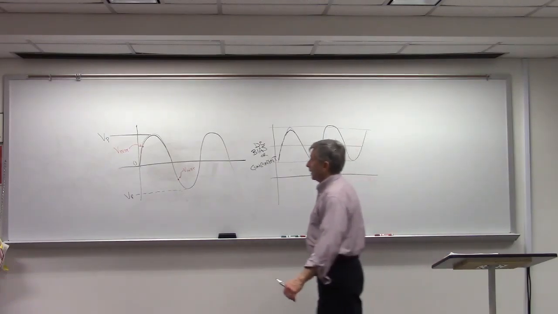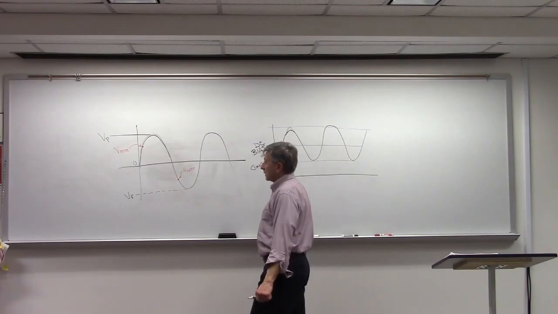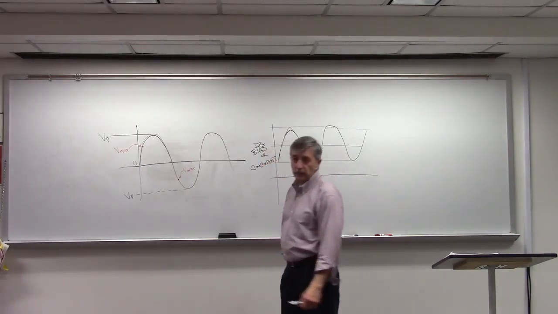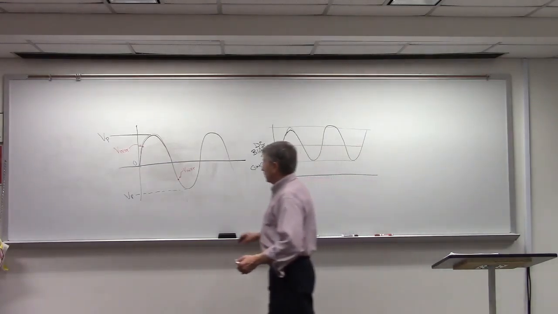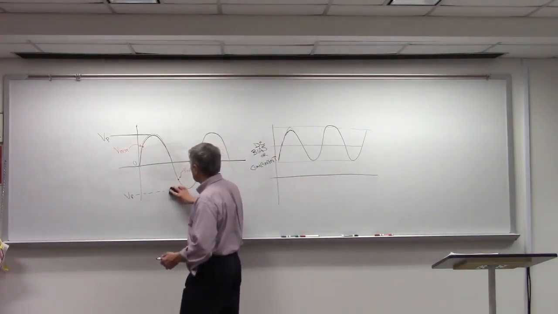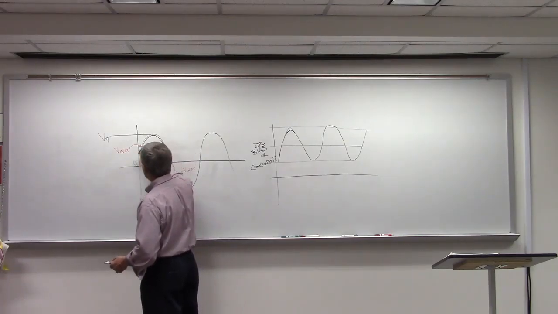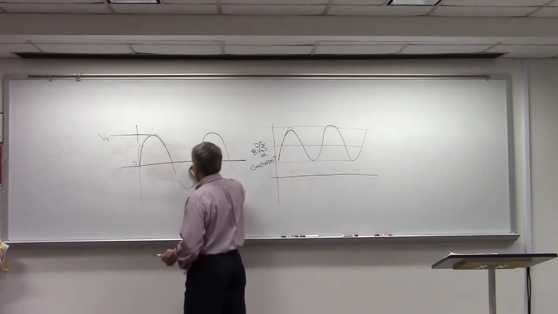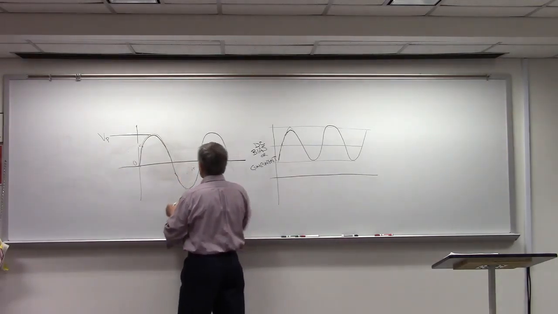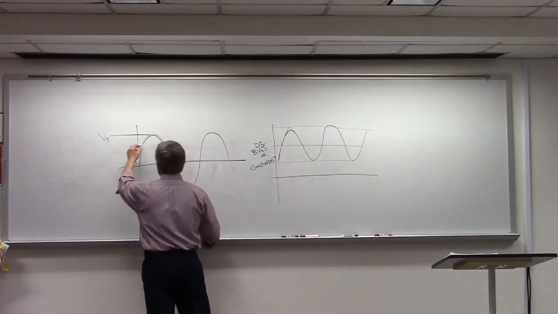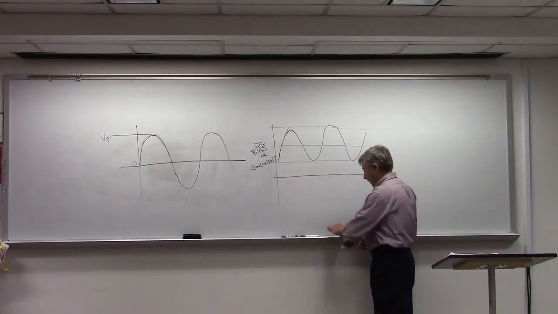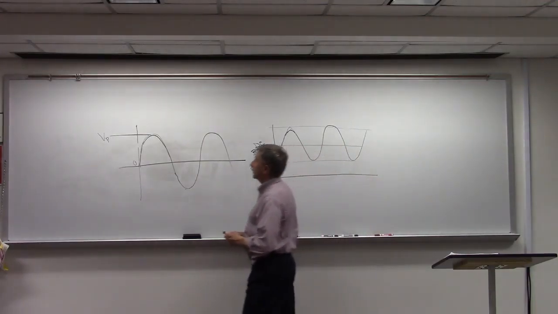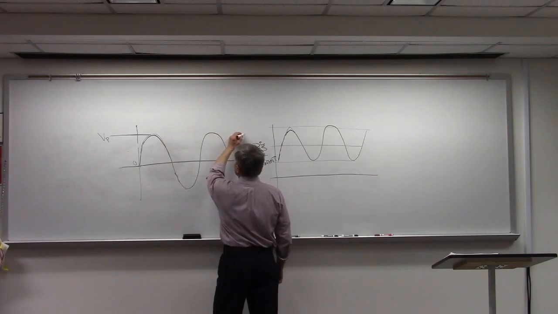So the fifth parameter is what is called the root mean square value of the wave. If you look at this wave here, and you superimpose that alternating current wave onto a direct current waveform, you're going to have something that looks like this.